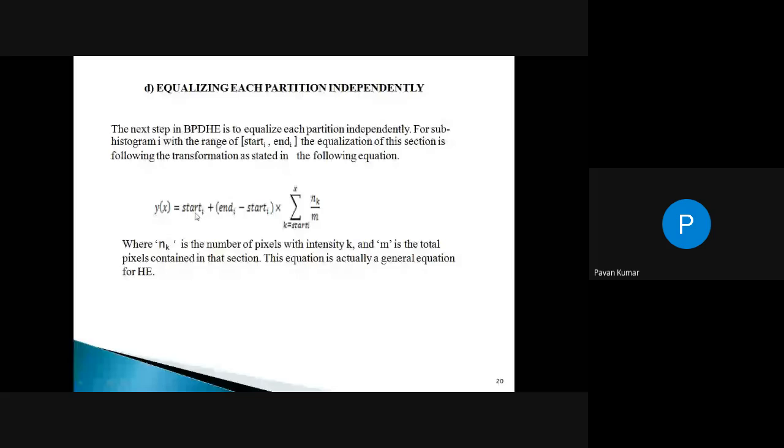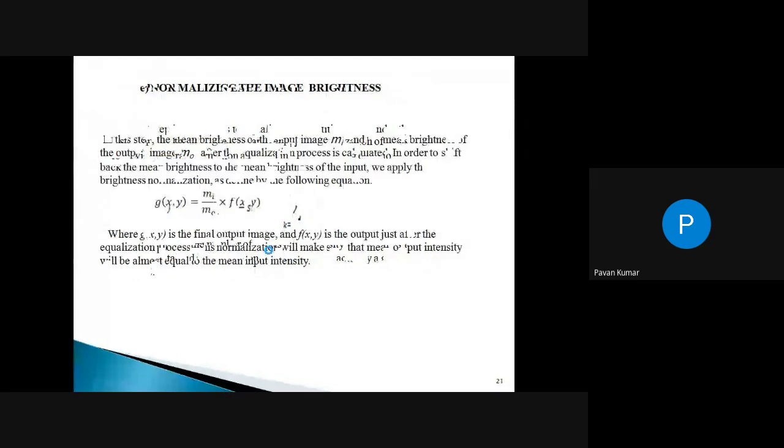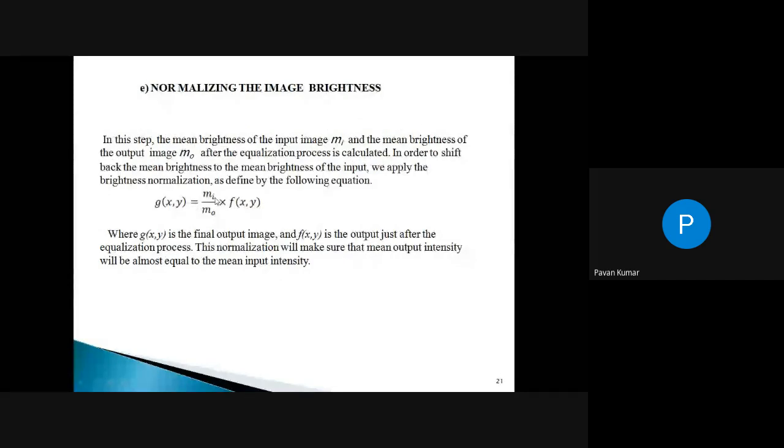This equation resembles the histogram equalization equation; it is the transformation function we have applied, similar to what I told you. We apply it on each sub-histogram and map them, and finally we get the enhanced image.